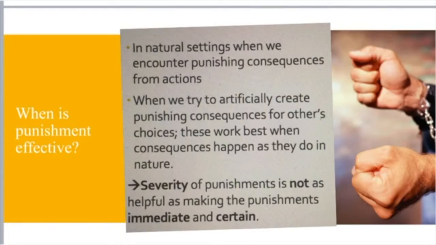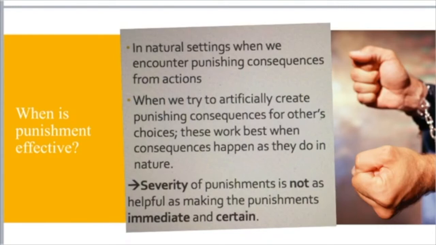In that case, operant conditioning helps us avoid dangers. A natural consequence is that you get burned when you stick your hand into a fire, so that's a positive punishment. You're adding something uncomfortable, a burn, and it's going to make you less likely to put your hand in the fire in the future.